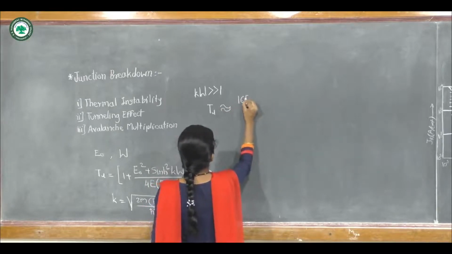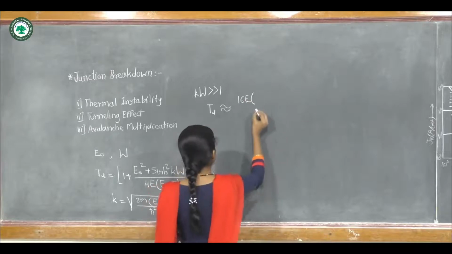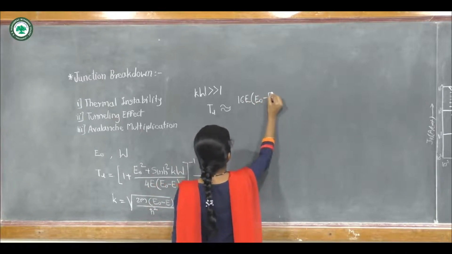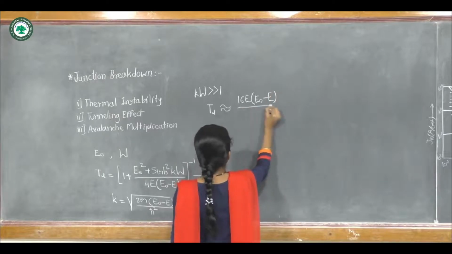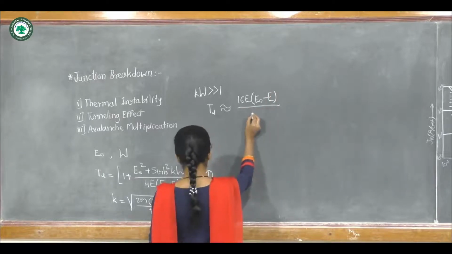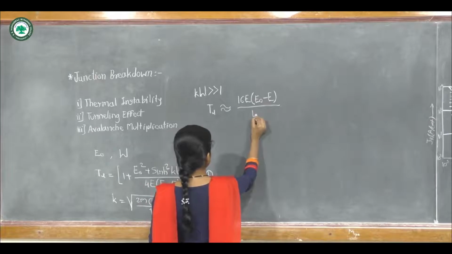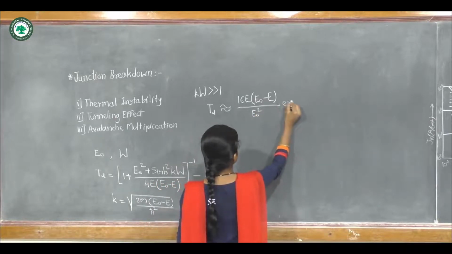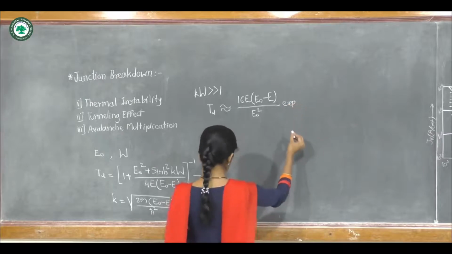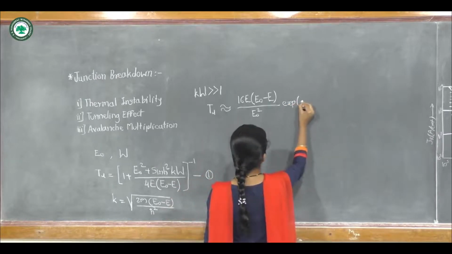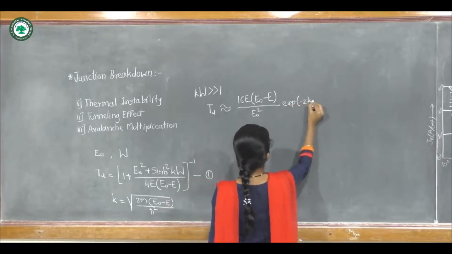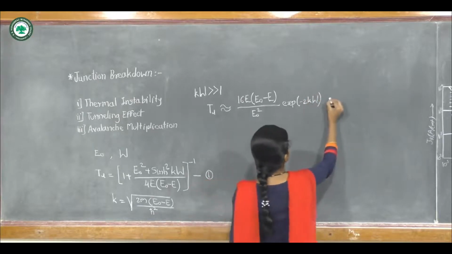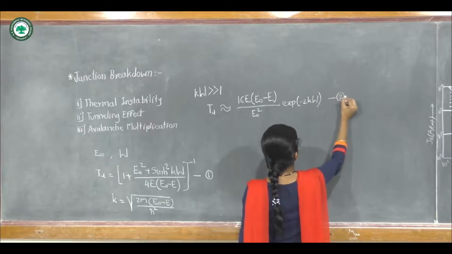nearly equal to 16E into E0 minus E upon E0 square, into exponential of minus 2K into W. So this is equation number 2.